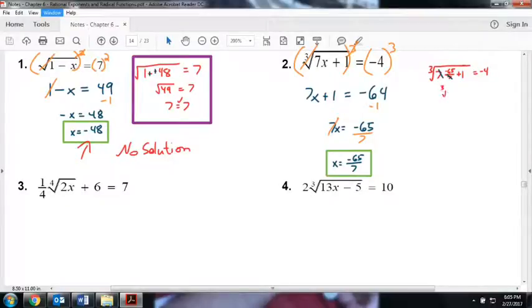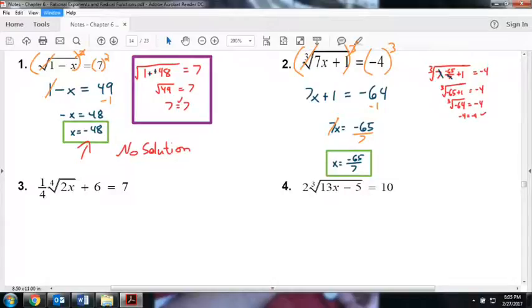So that's the cube root of negative 65 plus 1, which is negative 64. If you remember what negative 4 cubed is, you remember the cube root of negative 64 is negative 4. So this one works.